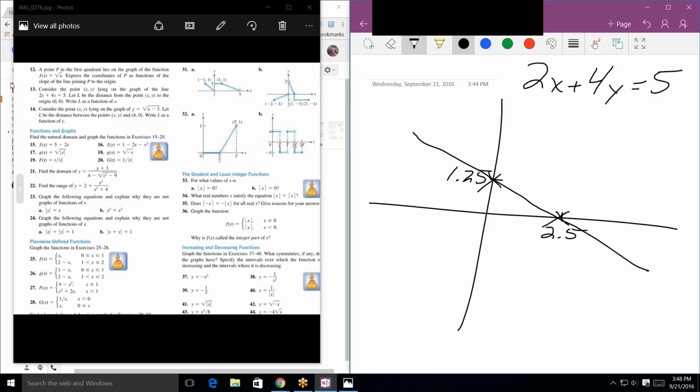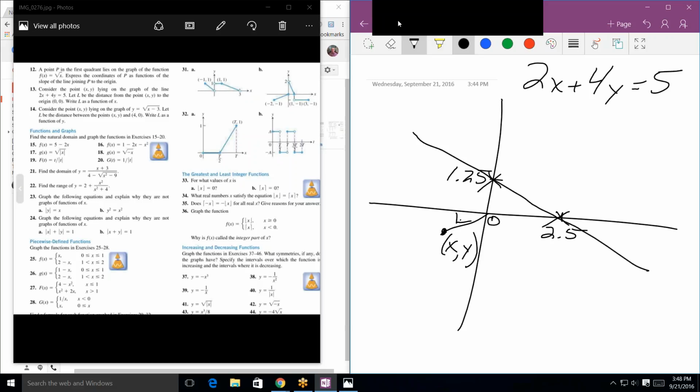Let L be the distance from a point to the origin. I'm not sure what they mean, so let me put it on the other side. Let's make L right there. L is the distance from the point, an xy coordinate, to the origin. Okay?